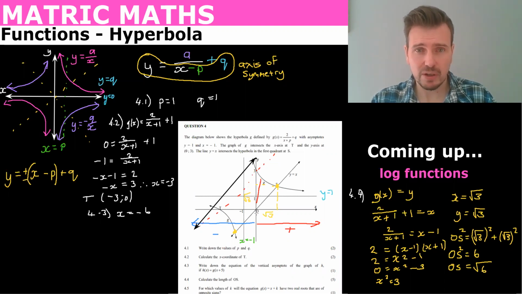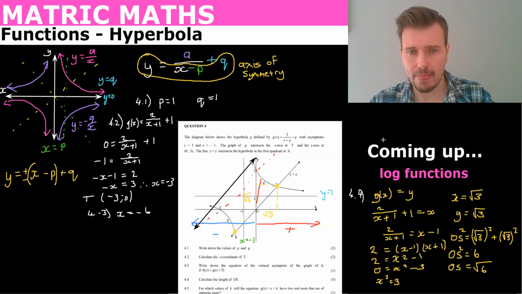So basically, we can't shift it up by more than 3. So k must be less than 3 and equal to 3, because 0 is a positive number. So it must be less than 3. K must be less than 3.